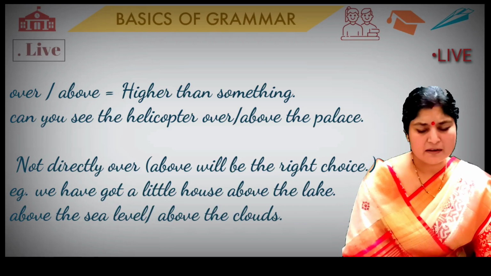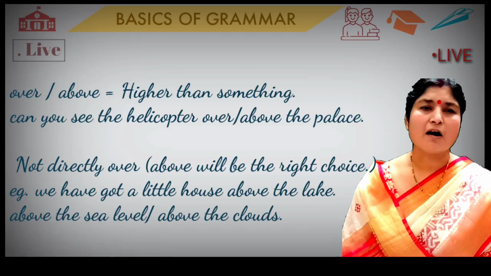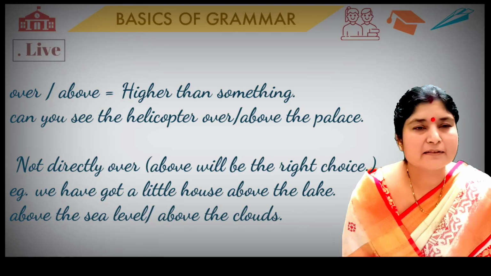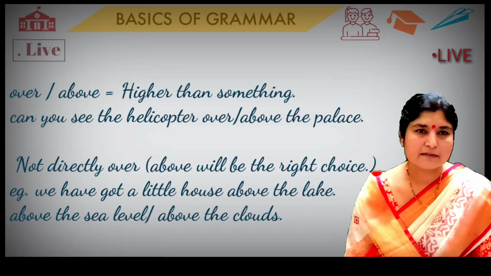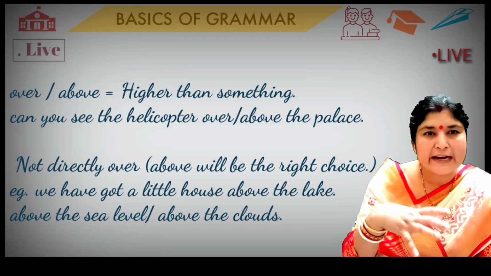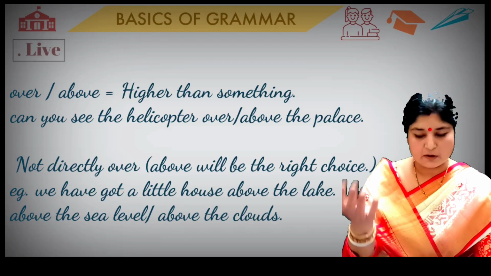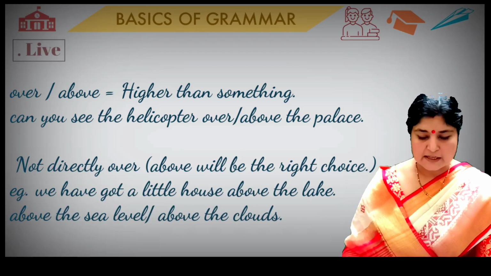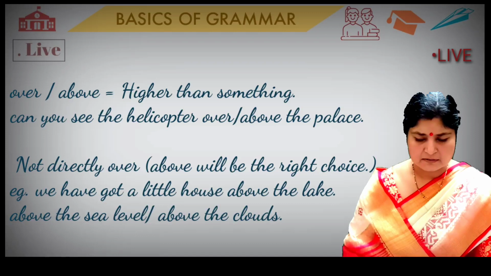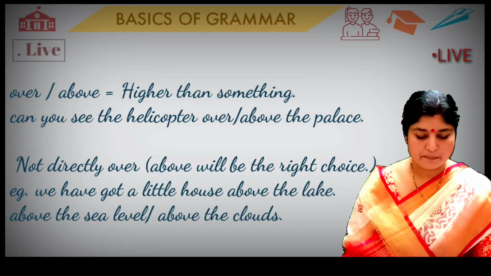For example, we have got a little house above the lake. So when we talk about not directly over, we must use above. For example, above the sea level, above the clouds.